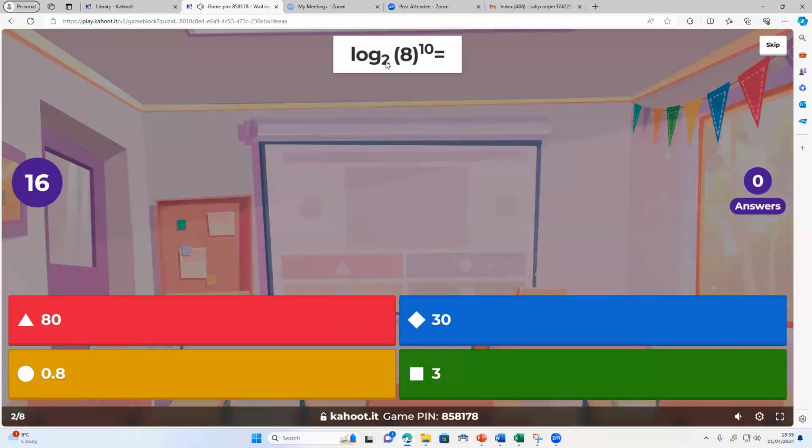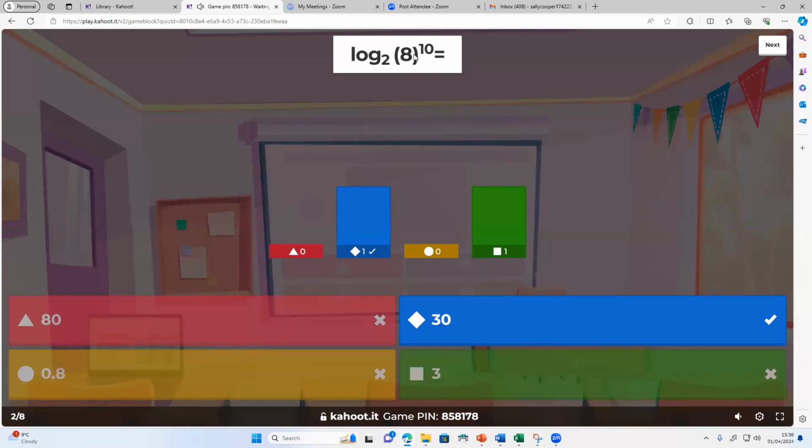Now it's base 2. If you replace that 8 with 2 to the 3, that's going to help you. So replace that 8 with 2 cubed and then sort the indices out. 2 cubed to the 10 would be 2 to the 30, and the answer to the log is always the power.